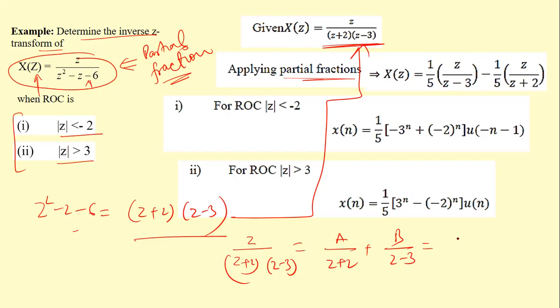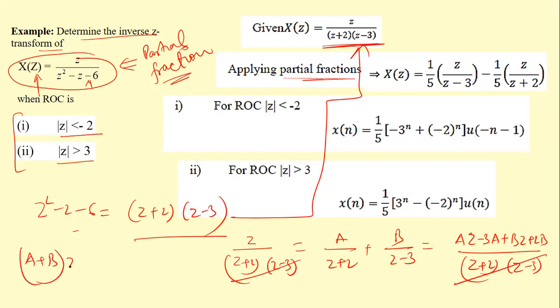So we will solve this one. We have az minus 3a plus bz plus 2b divided by z plus 2 into z minus 3. So this is cancelled out here. So we have a plus b z is equal to z. We'll equate the relevant terms.